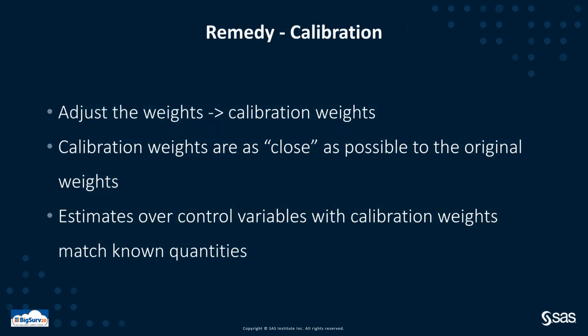To overcome this problem, the calibration technique is often used to modify the weights such that the new weights are as close as possible to the original weights, and the sum over control variables using these new weights will match the known totals.